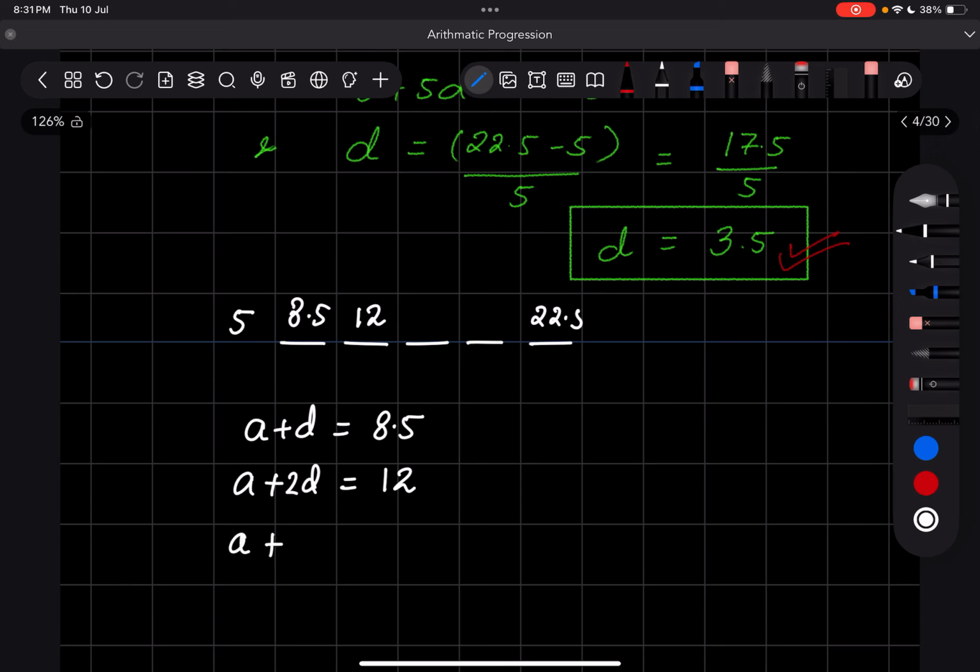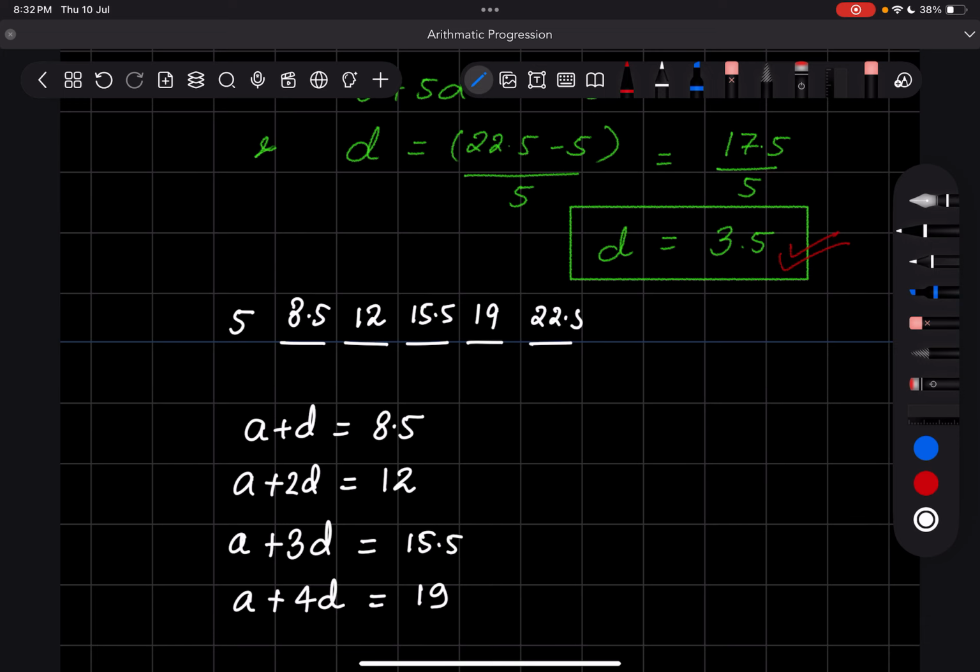A plus 3d is equal to 15.5. So 15.5, and then a plus 4d is equal to 19. That is 19.